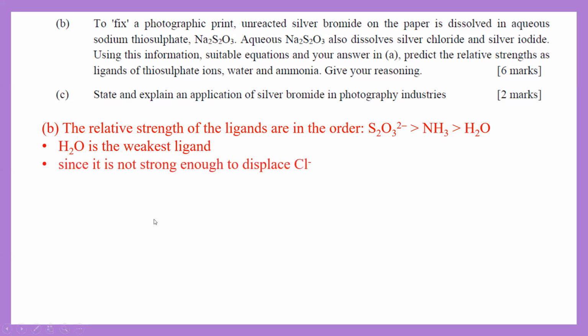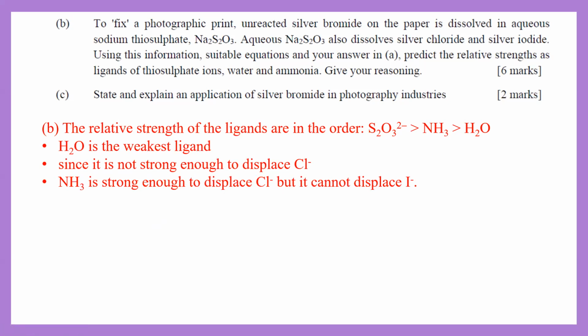Therefore it is not strong enough to displace the chloride ions in silver chloride. Ammonia is a strong enough ligand to displace Cl-, but it cannot displace I-.